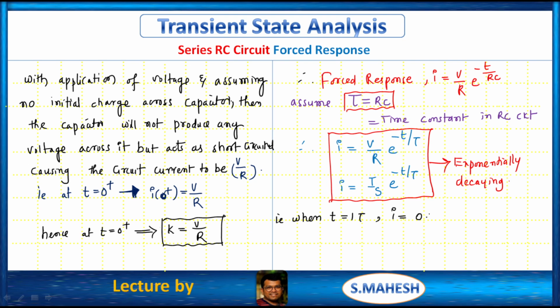Sorry, the current is approximately 0.368, right? Approximately we are having 0.368. Then the response is what?